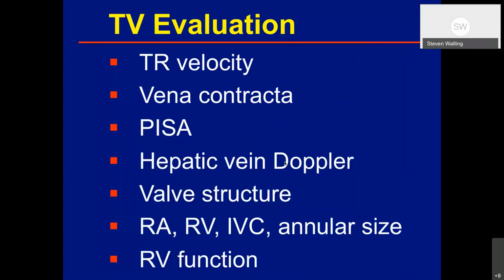So there are many different ways when we evaluate the tricuspid valve and the TR jet. You want to look at the vena contracta, VC, and the velocity, PISA, and also the hepatic vein Doppler, and all these we need to evaluate.